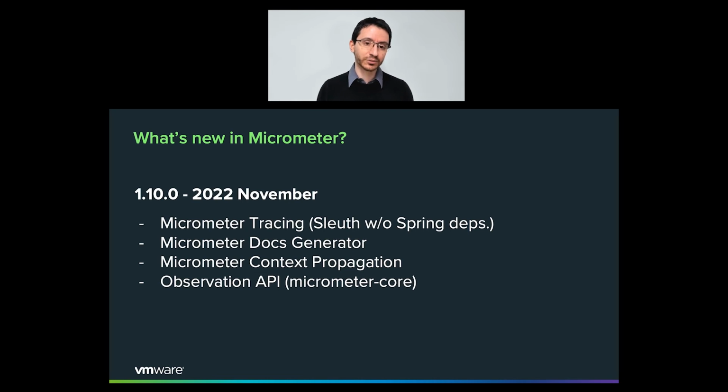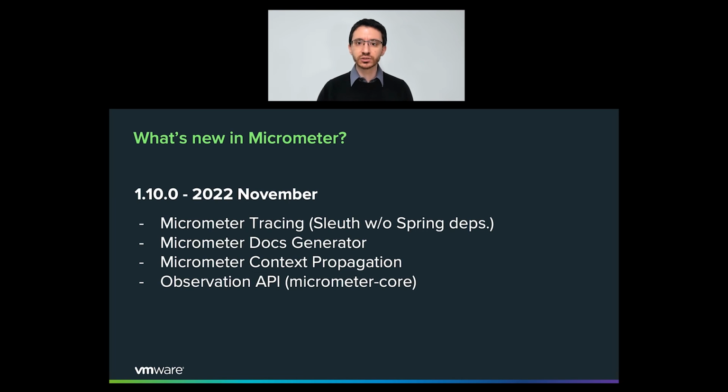So right now, Micrometer is not only a metrics library, because it has tracing capabilities as well through the Micrometer Tracing project. We also introduced a new project called Micrometer Docs Generator. What it does is give you support for generating documentation for your instrumentation.